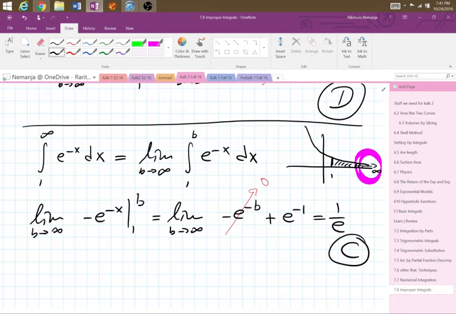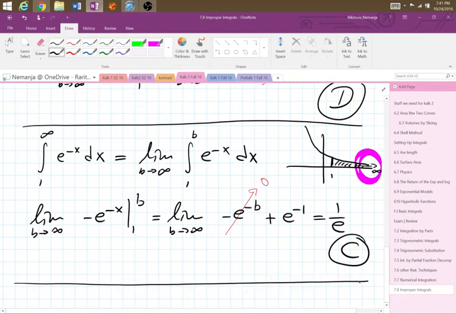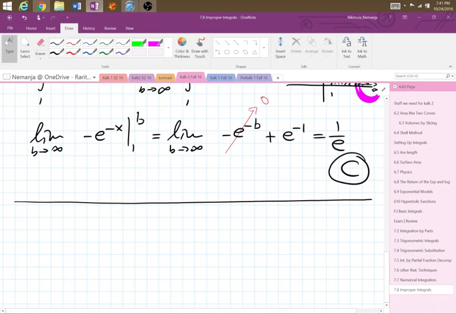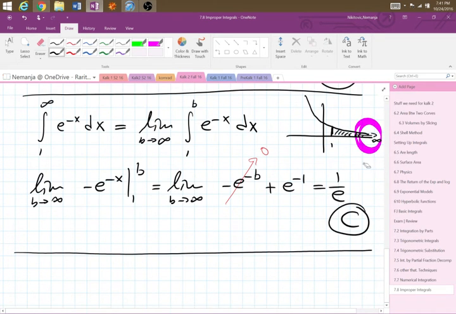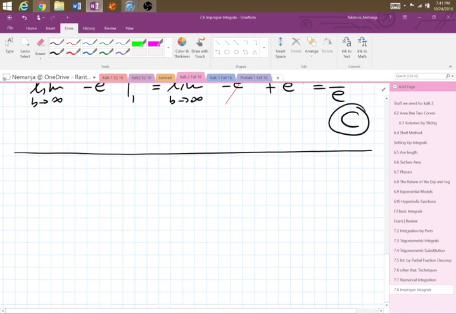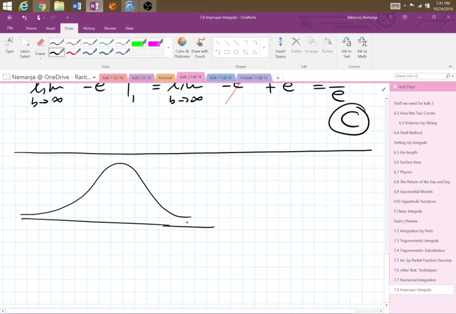Now you've seen these applications in other coursework. If you have ever seen the bell-shaped curve in statistics class, the normal curve, that curve has 2 of these leaks on both sides, and the area underneath it is 1.